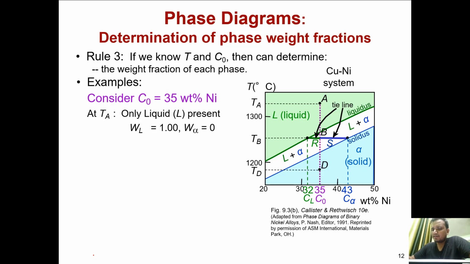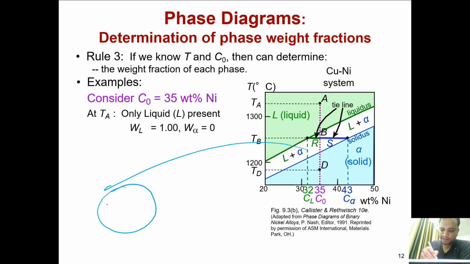And there is one more thing, how to find the phase fraction. Suppose you take this case, we have the liquid, and in between the liquid we have regions of alpha, the solid.